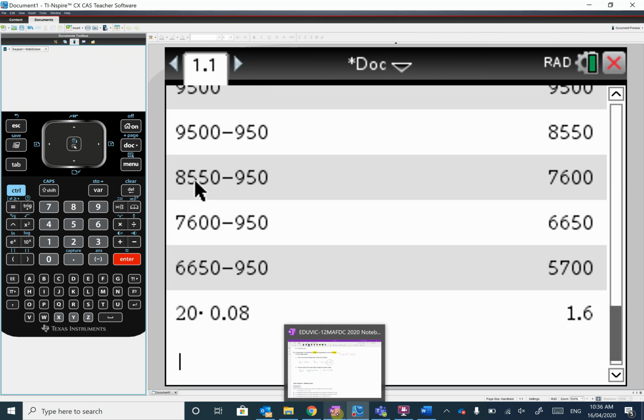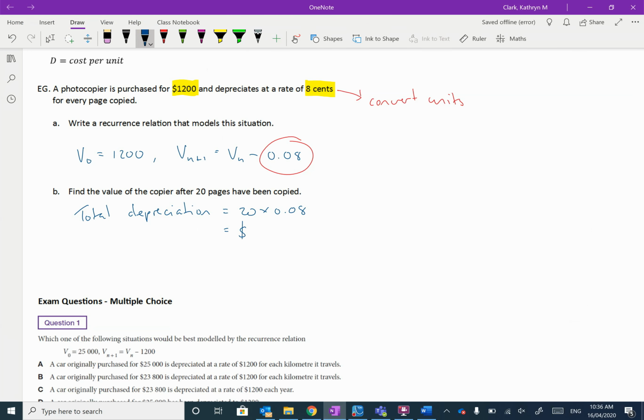So, $1.60. And then we can do 1,200 minus $1.60, which is 1,198.40.